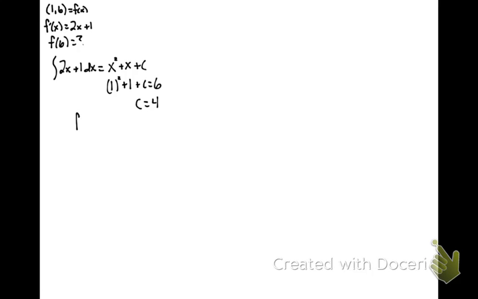So my original function must be x squared plus x plus 4. And since I want to know what f of 6 is, I'll just substitute 6 in, and that'll be 36 plus 10, which is 46. So I just had to interpret the question, and I was able to answer it. There's a lot of different examples for indefinite integration.